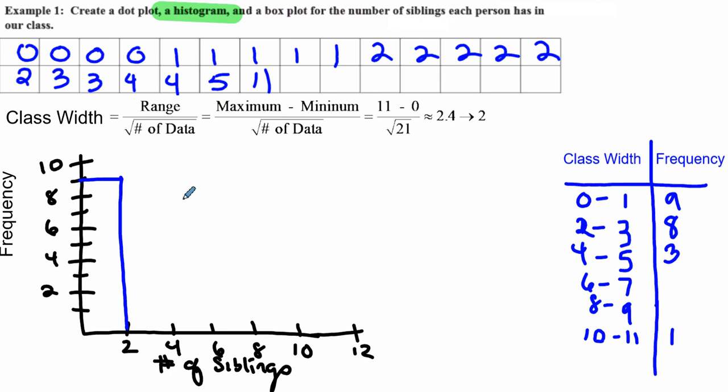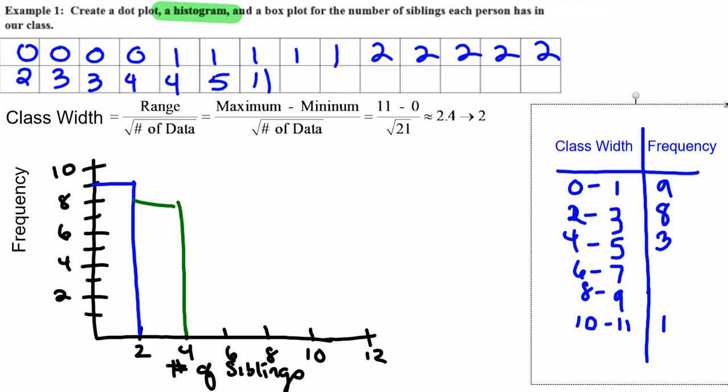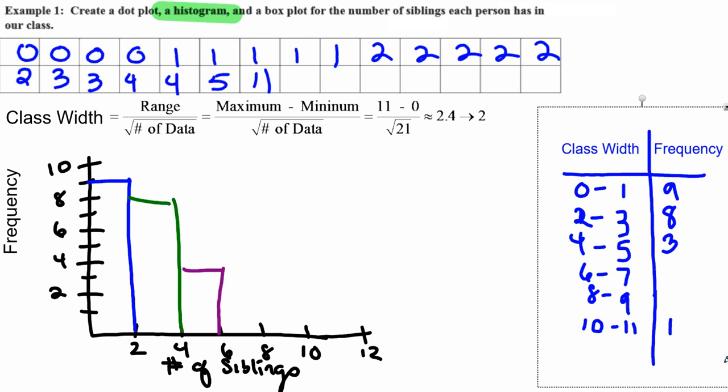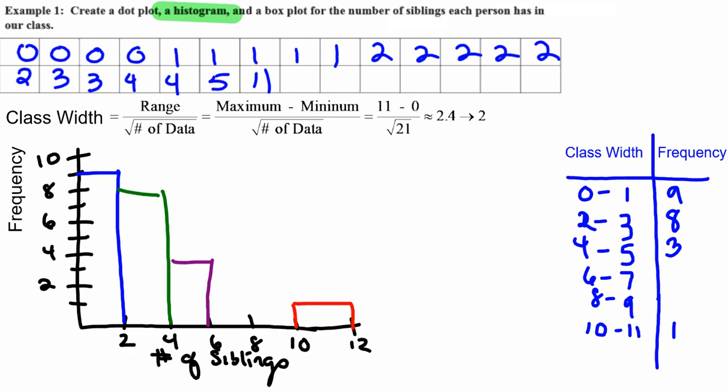I have 8, bring up my pencil, draw down my bar. Then I'm going to go to my next one for 4 and 5 siblings. I have 3, bring it up, carry down, make your bar. Last but not least, I've got 1 with 10 or 11 siblings. I go to that section for 10, 11, draw my bar, and I have it represented.